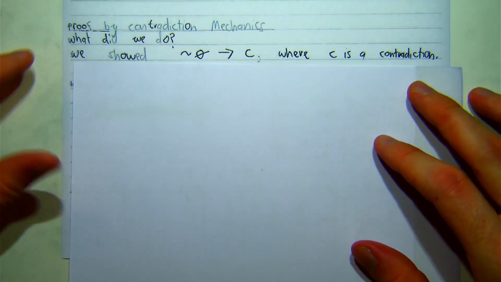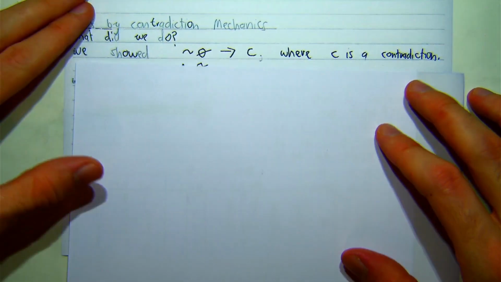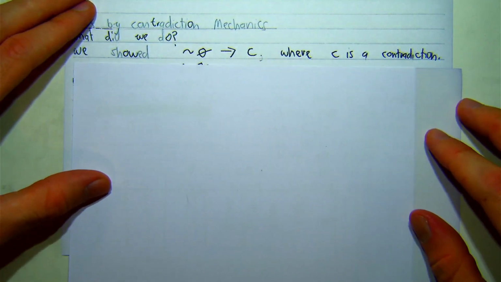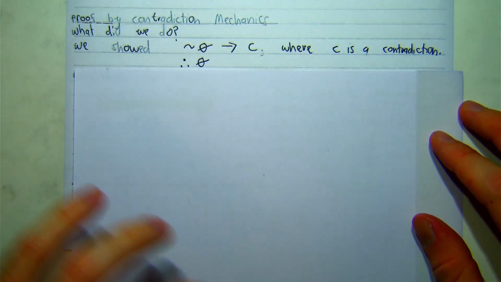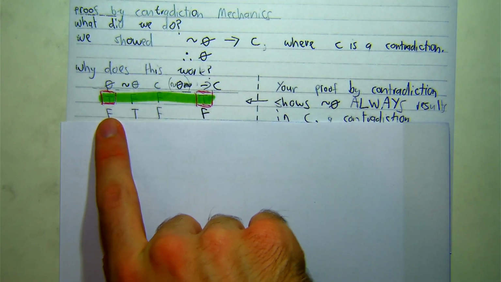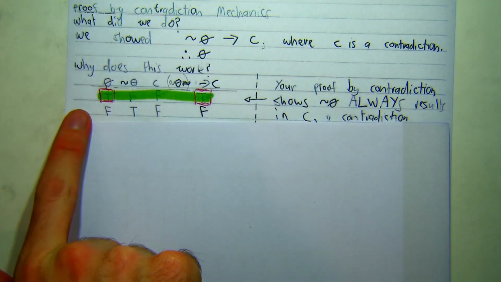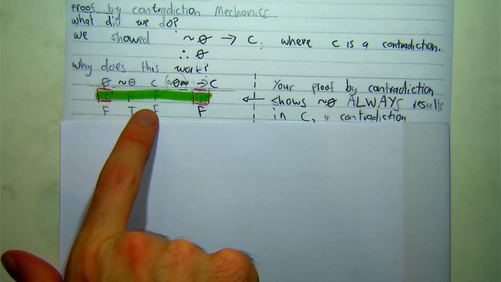So what did we do as a proof by contradiction? Essentially, we are showing that not theta implies C, where C is a contradiction. A contradiction is a statement that is always false, and therefore we're concluding theta from that. The reason why that works is if we look here, we've got theta being true or false, not theta being the opposite of that, contradiction being always false.